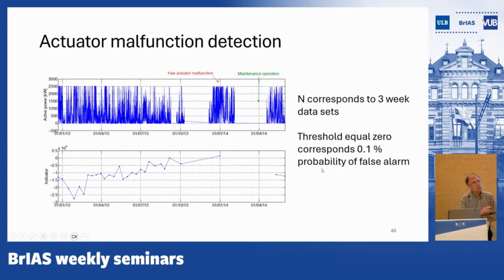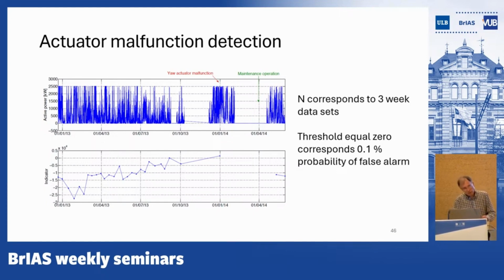And this is an example of what we obtained with real wind turbine data. So what you see here is the produced power of the turbine over the years. And here is the indicator. So notice that we built an indicator each time after a few weeks of data, because we must be able to reconstruct the power curve or to estimate the probability density function with sufficient precision.